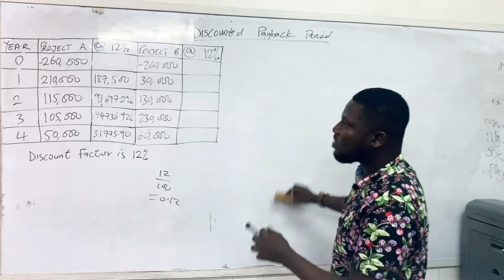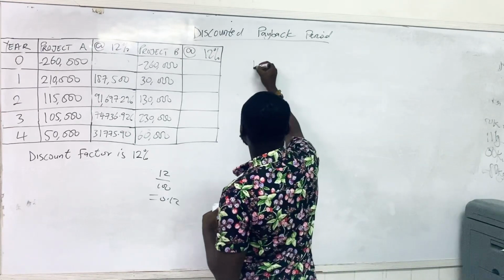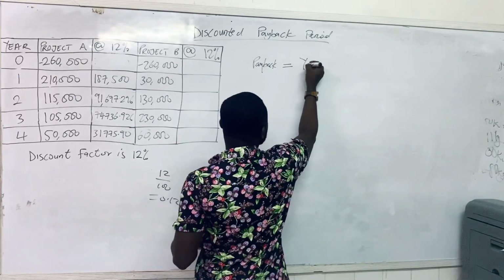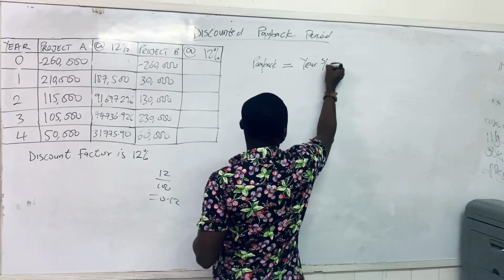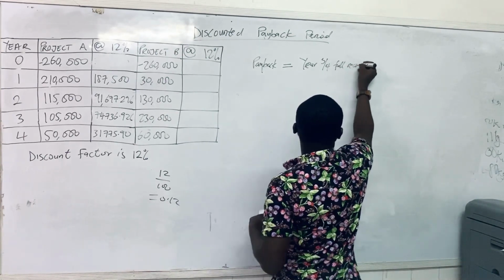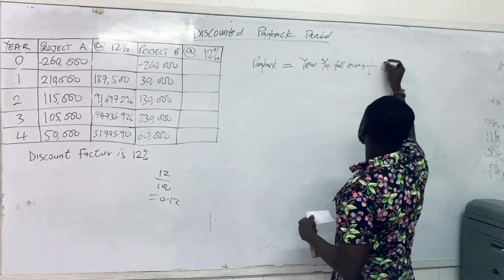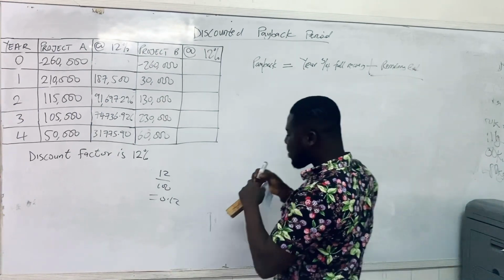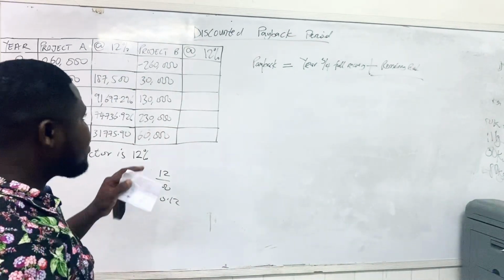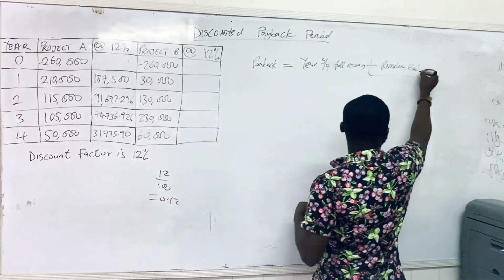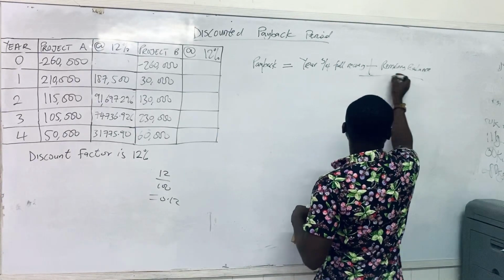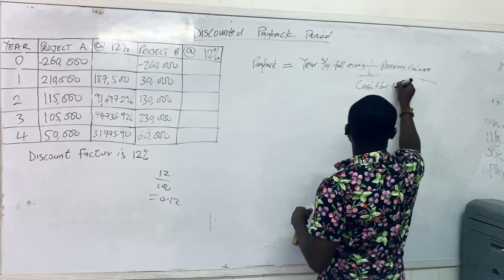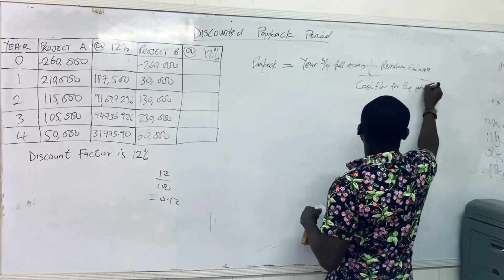So we are calculating the payback period for project A. So payback equals the year before full recovery plus remaining balance all on the cash flow for the year of full recovery.